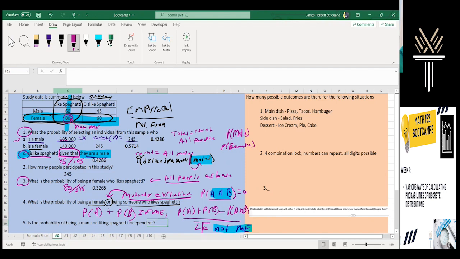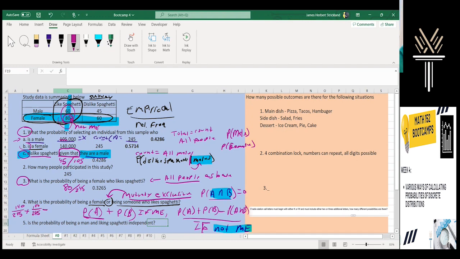So the probability for A, the probability of females, which we know is 140. We found it for part B, 140 out of 245. The probability of liking spaghetti is also 140, 80 plus 60, going downwards now, right? 80 and 60 is 140 out of 245.